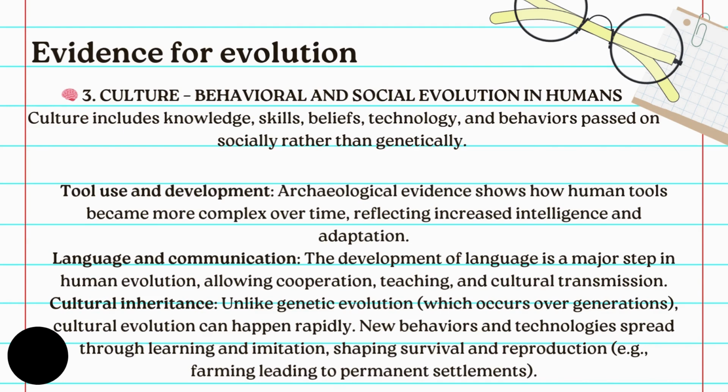Unlike genetic inheritance, which occurs over generations, cultural evolution can happen rapidly. New behaviors, technology. So cultural inheritance, for example, we can look at how, before, most organisms were eating raw meat, but later on they realized we can make fire, and with that fire we can actually cook food, and that's how that cultural inheritance occurred.